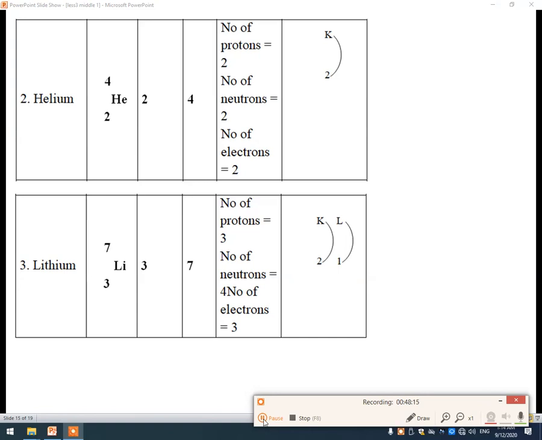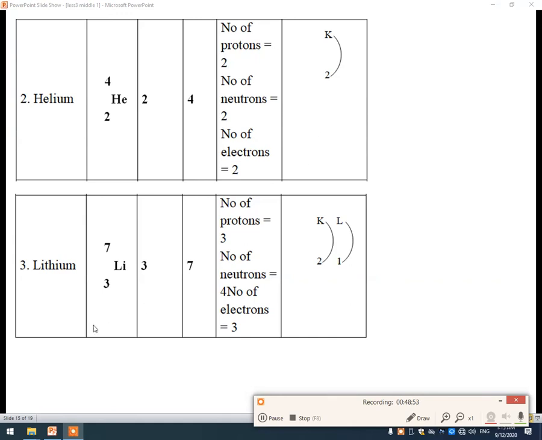At the top of it, its symbol K, and at the bottom of it, the number of electrons which move in this level. How many electrons do we have in helium? We have 2 electrons, because we said the number of electrons equals the number of protons, which equals the atomic number. So how many levels do we need to distribute these electrons? We need only 1, because the K energy level is saturated by 2. So we will write K2.